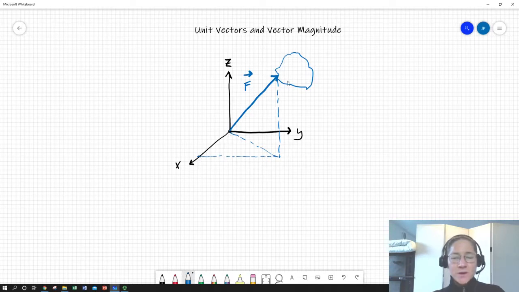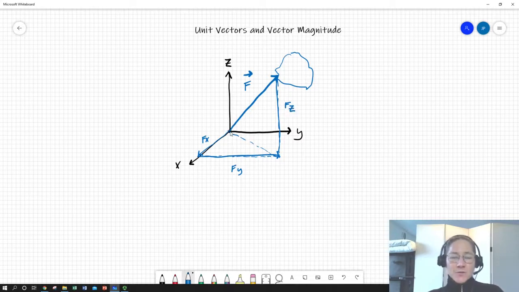We can look at the portion of that vector that is parallel to the x-axis, that's the x component, the portion parallel to the y-axis, which is the y component, and the portion that is parallel to the z-axis, which is the z component. And that's what our subscripts are: F sub x, F sub y, and F sub z.